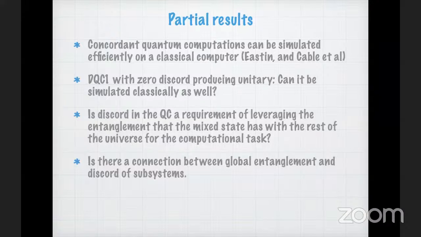Okay, so now you can start asking more interesting questions, which are inspired by some of the ideas put forward by David Deutsch right at the beginnings of quantum computation.